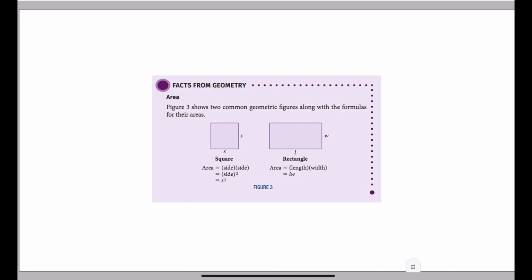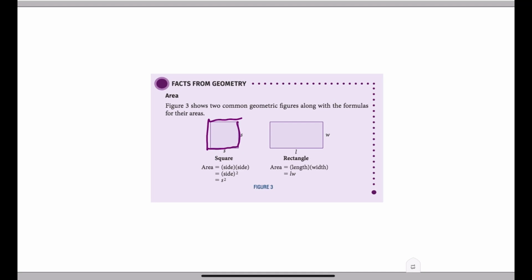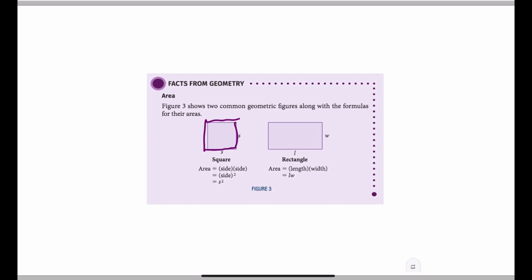So a couple of common shapes, some facts from geometry to refresh your memory. A square is the same length side all the way around. So often we'll say it's a side times a side, or a side squared, and we'll use this exponent here.